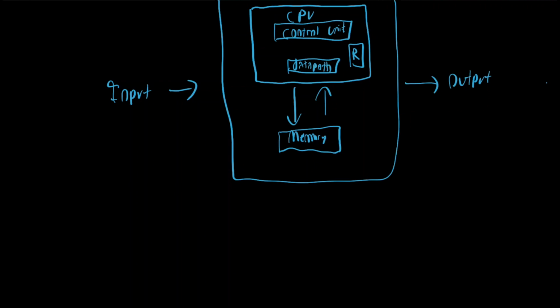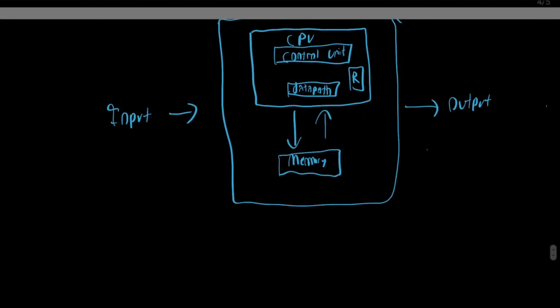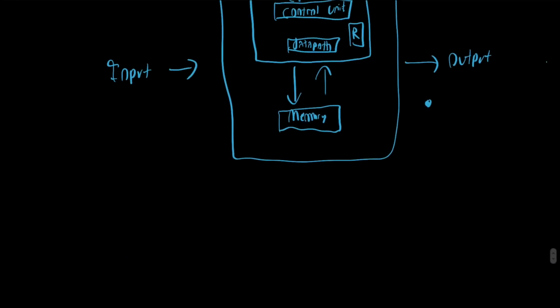Now that we have a basic high-level view, let's go a little bit deeper, but just deep enough to be useful for our assembly journey. One other question could be: how are these components connected?